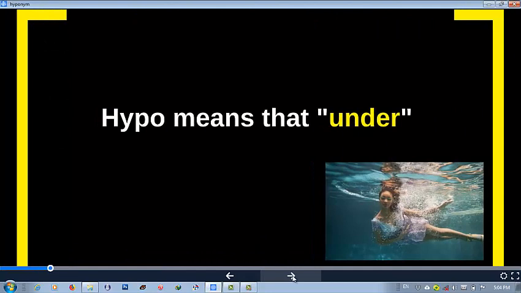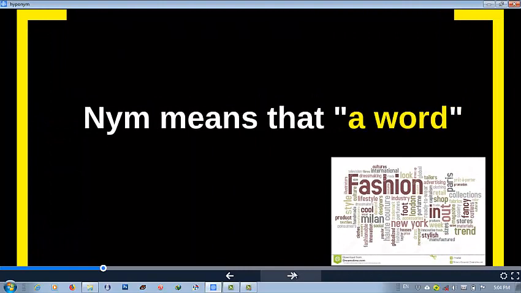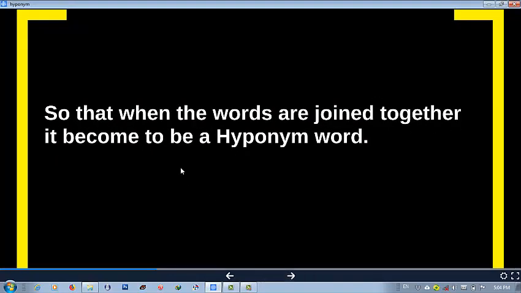Here the hypo means under. And the name, as I already talked about in the previous video, means words. So when the words are joined together, it becomes a hyponym word.